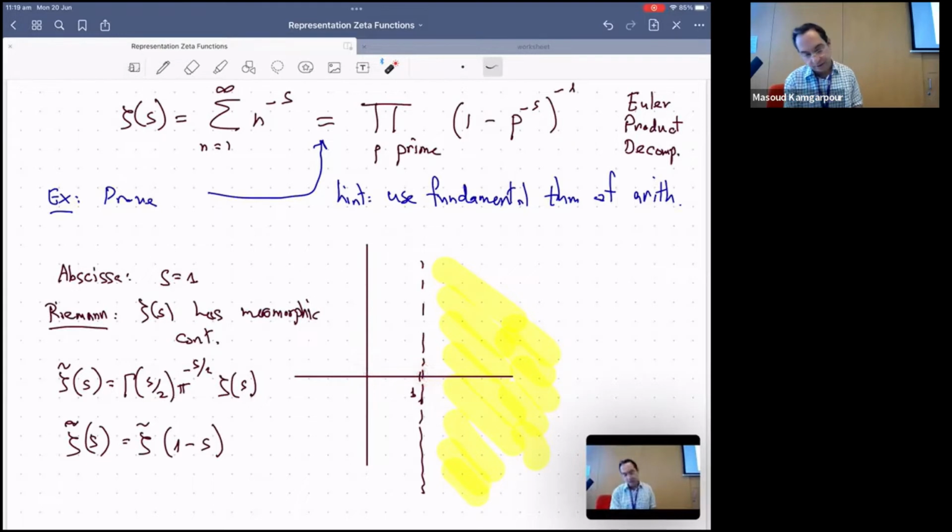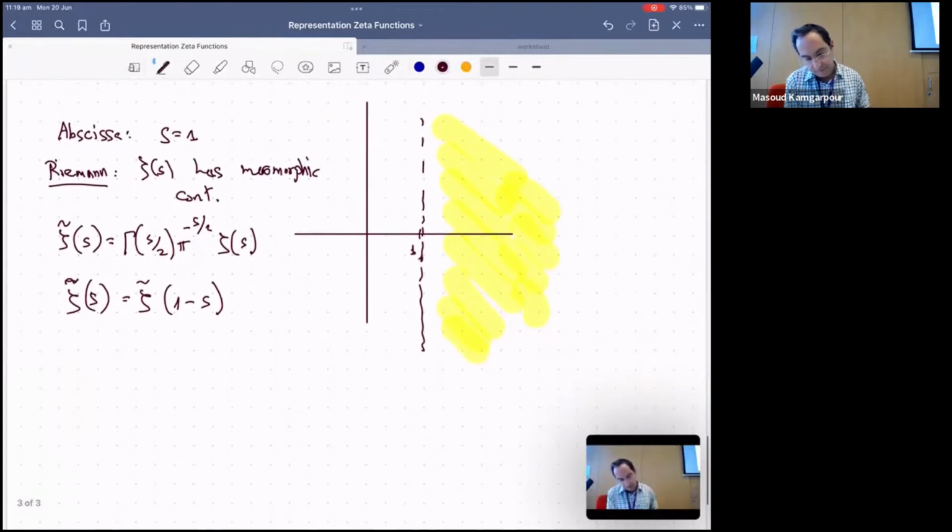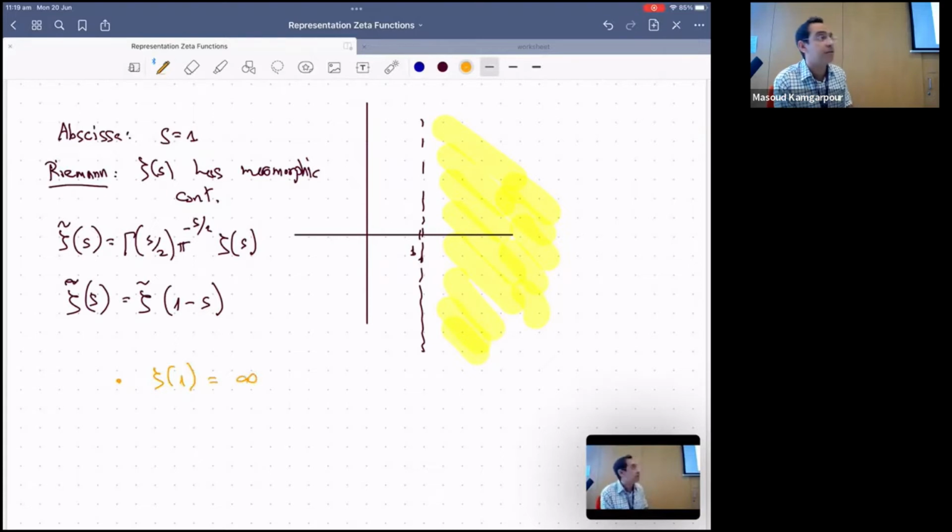Okay. And now, what does this function know about the primes? So the fact that zeta of 1 is infinite is equivalent to the existence of infinitely many primes. Right? Let me just write it down.